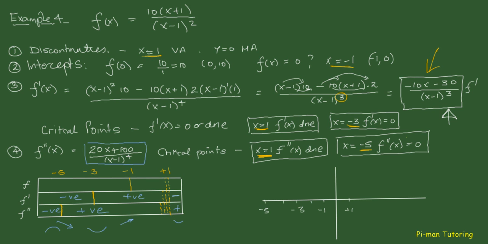Okay, so looking at all the information we have, we know that at x equals 1, the function has a vertical asymptote. So we can show that first of all.